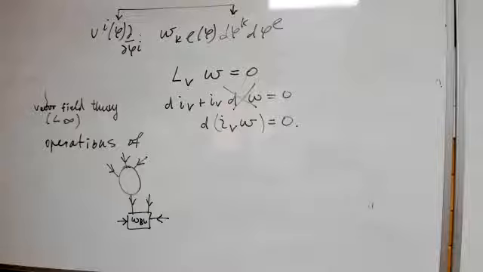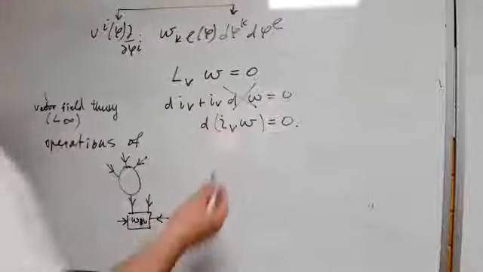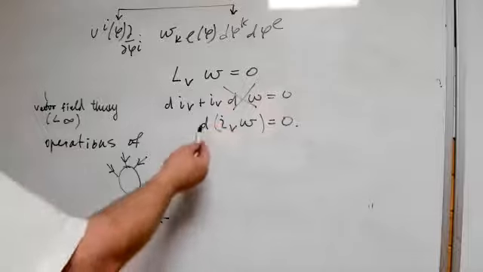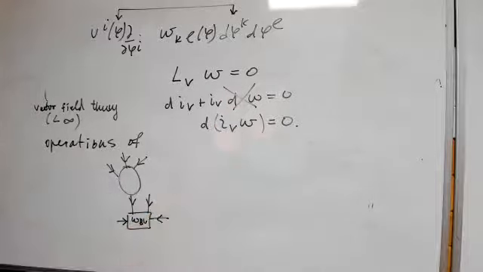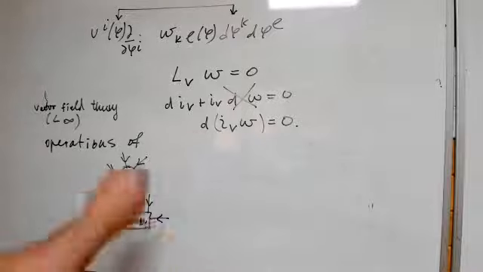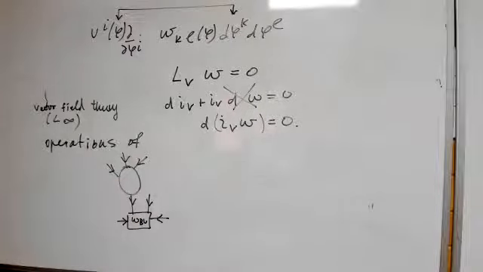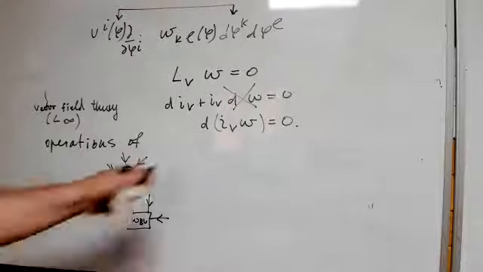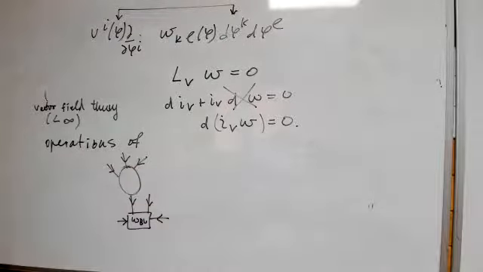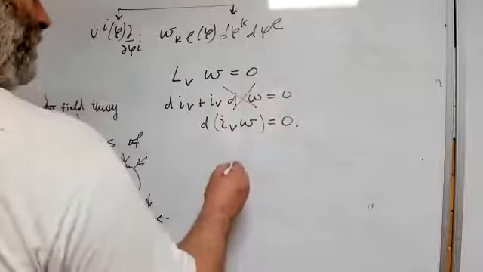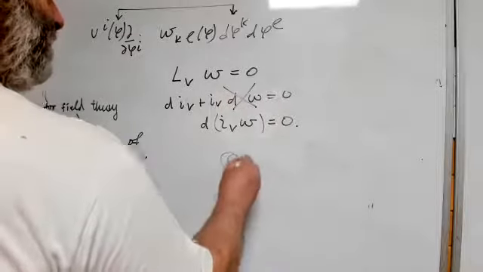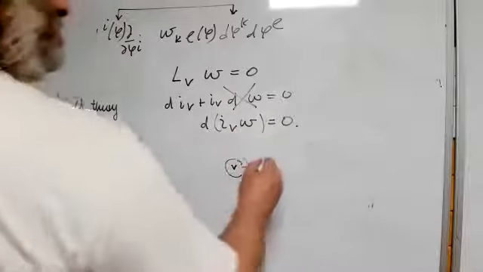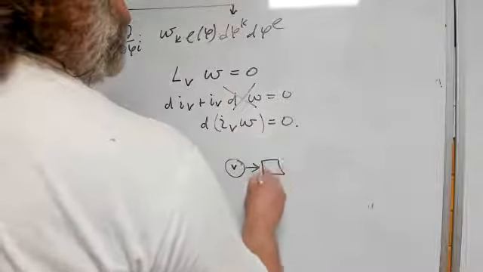So what does this mean? For constant omega, it means exactly what I wrote about. But now consider that omega is not constant. So I have to take V into omega.